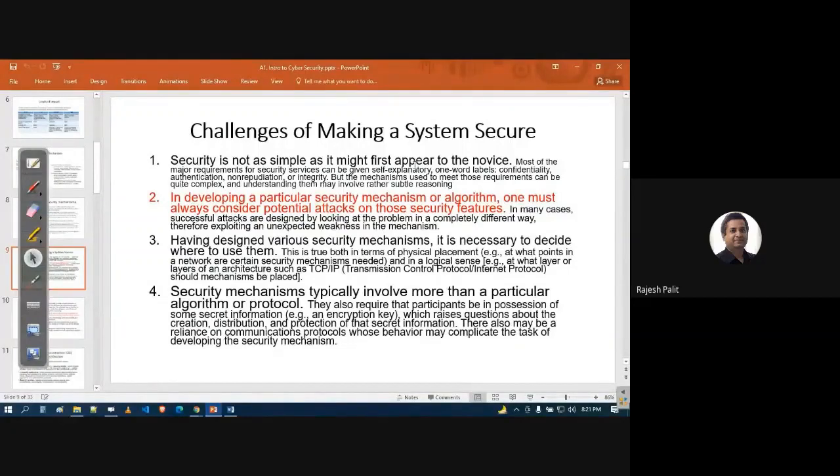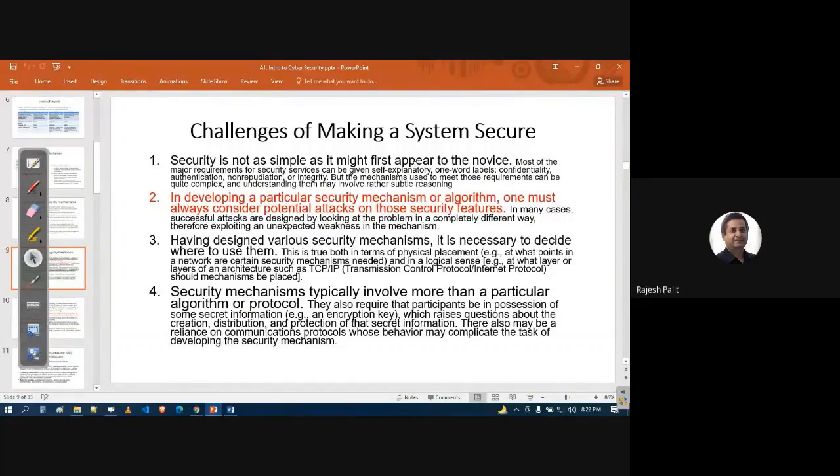Until there is an attack on the system, the management does not understand the importance of security measures, because they think the system is running smoothly without any money spent. Why should I spend thousands or millions of dollars on security? So it is very difficult to convince the management.